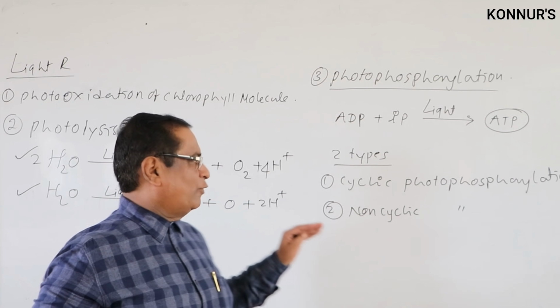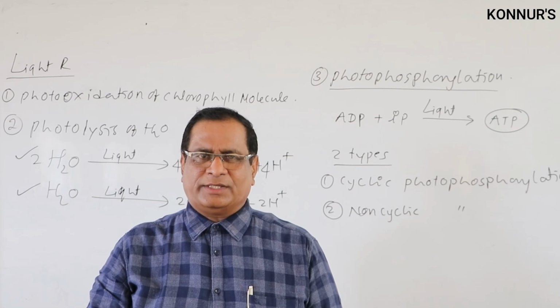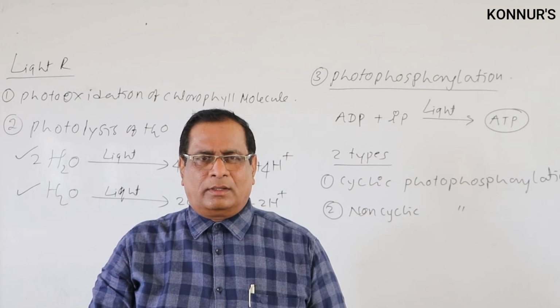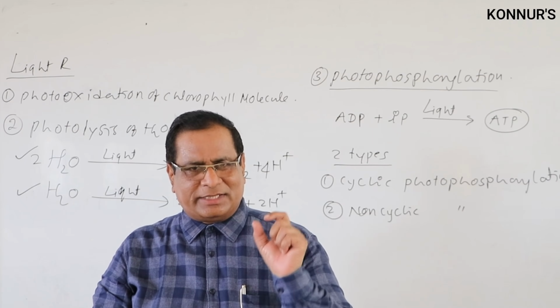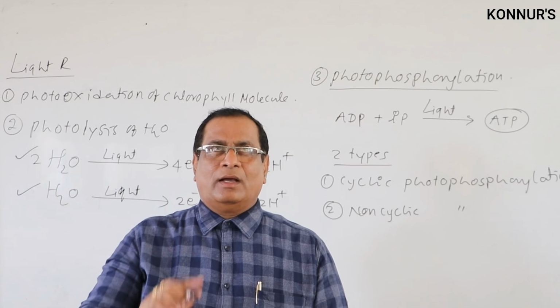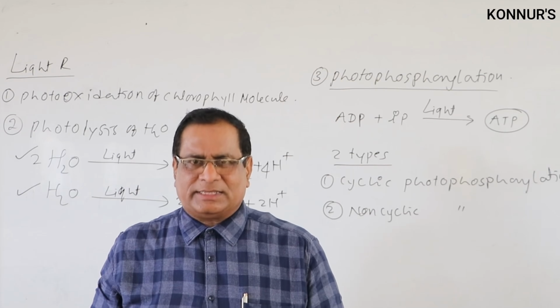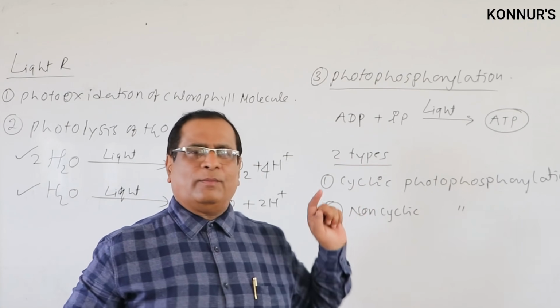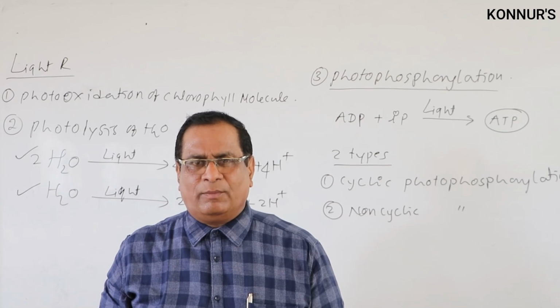One is cyclic photophosphorylation. What is cyclic photophosphorylation? It is one where the ejected electron from the excited chlorophyll molecule passes through many electron acceptors, but comes back to its own chlorophyll molecule.